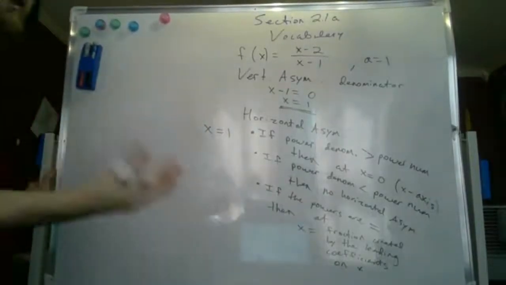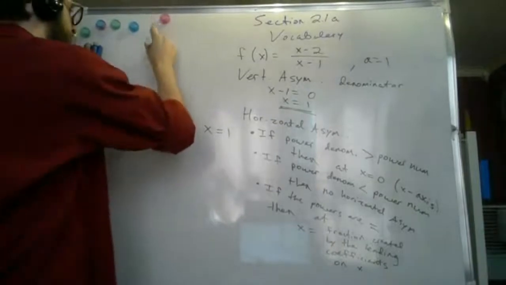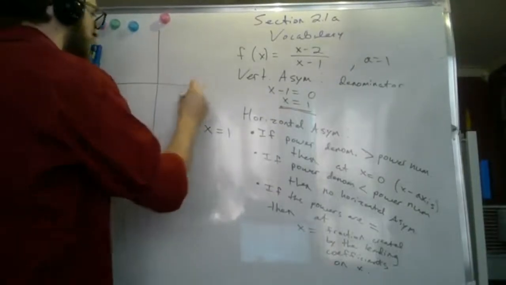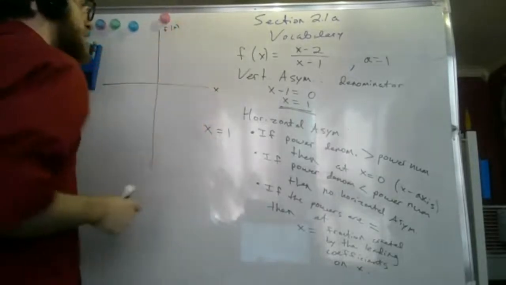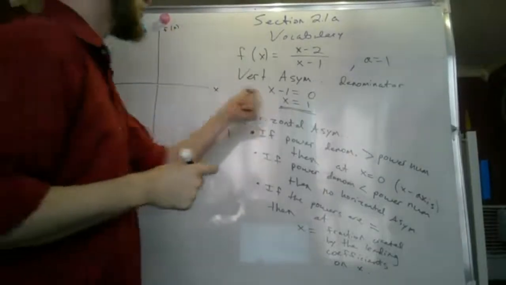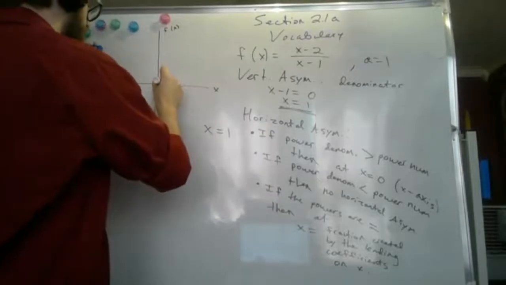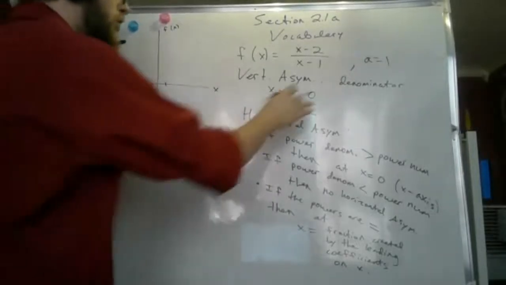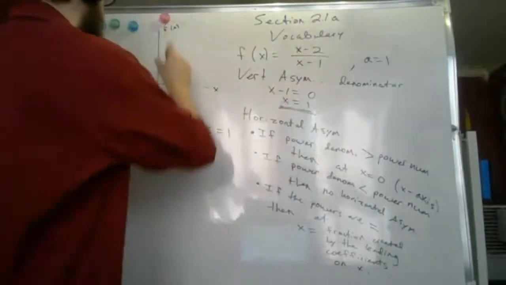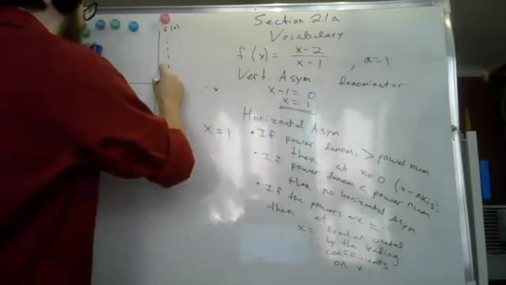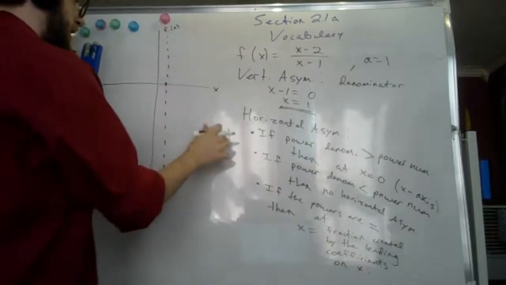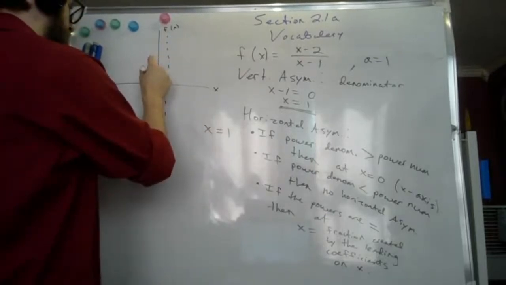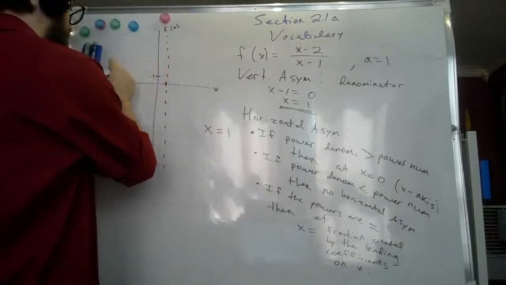So what does that really mean graphically when we try to graph this? So we've got x, got f of x. We have a vertical asymptote at x equals 1. And that's just because if we try to plug in 1, then we get problems. We can't do that. So we got a vertical asymptote right here. Now we also have a horizontal asymptote at 1.